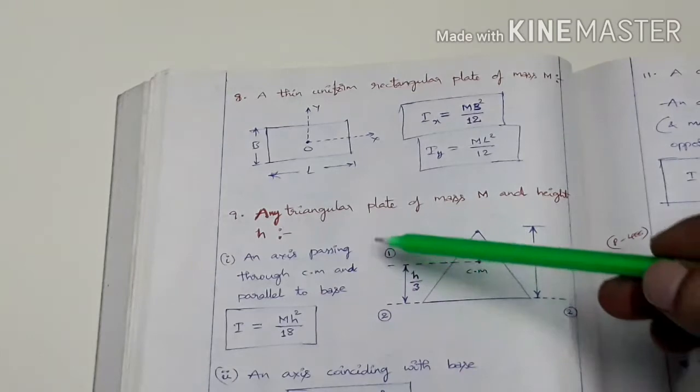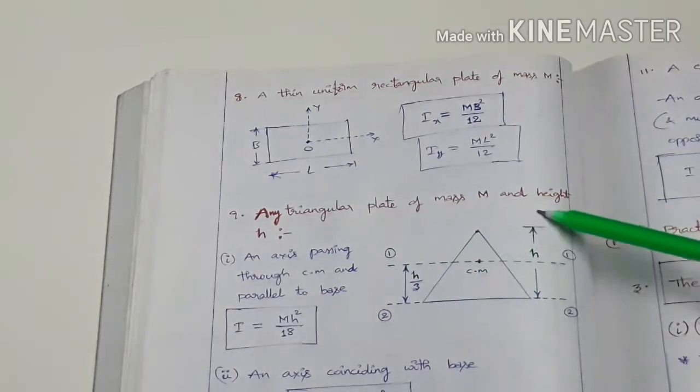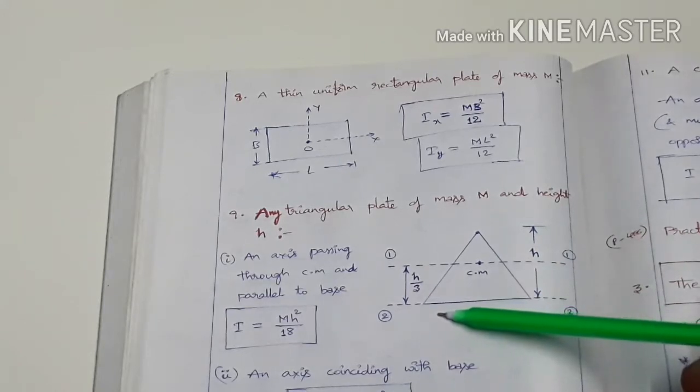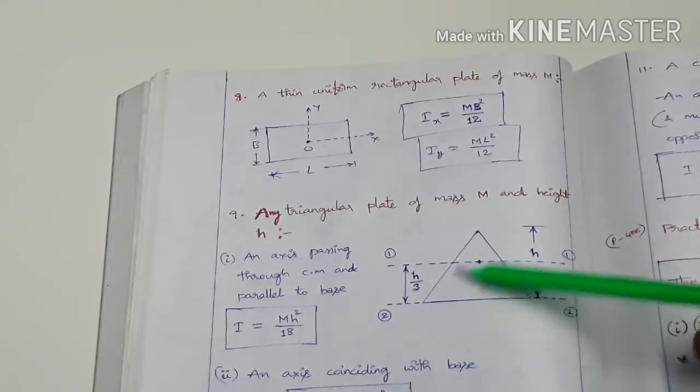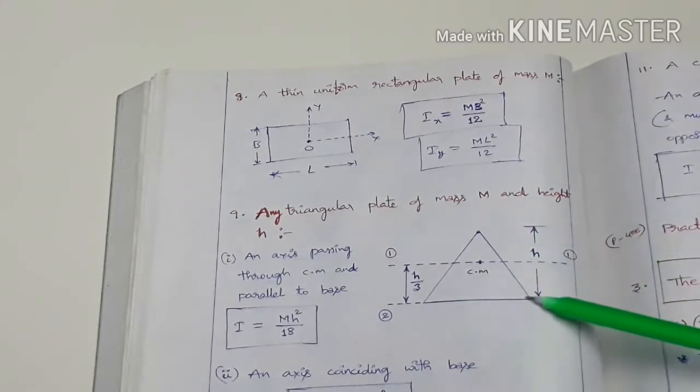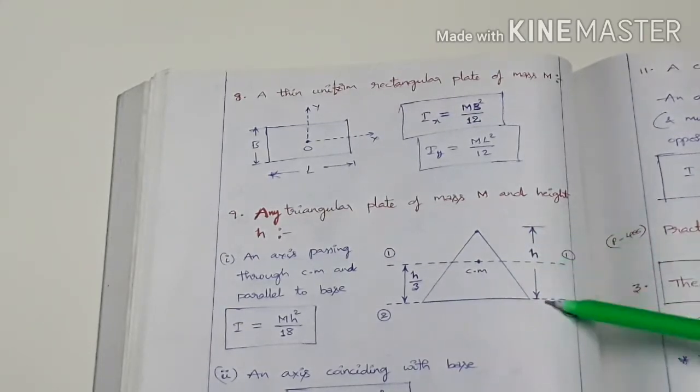So next one, any triangular plate of mass M and height h. Let us take any triangle, isosceles, equilateral, any triangle. Its height is h. Suppose this is the base and its height is h.